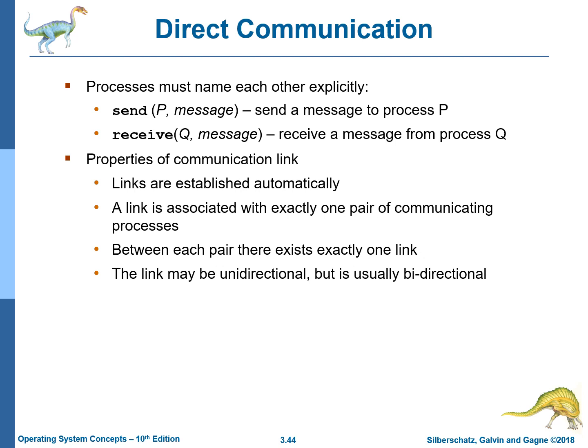Processes must name each other explicitly, like send(P, message), which sends a message to process P, and receive(Q, message), which receives a message from process Q. Properties of the communication link: links are established automatically. A link is associated with exactly one pair of communicating processes. Between each pair, there exists exactly one link. The link may be unidirectional, but is usually bidirectional.